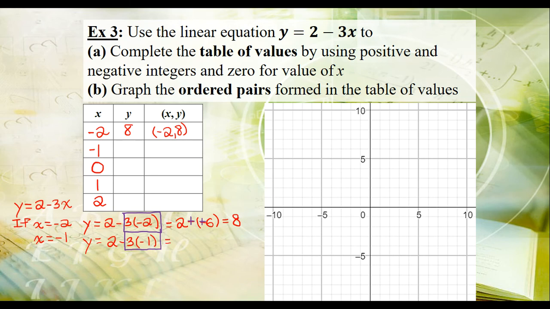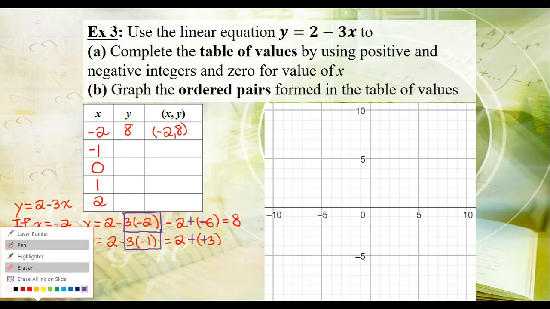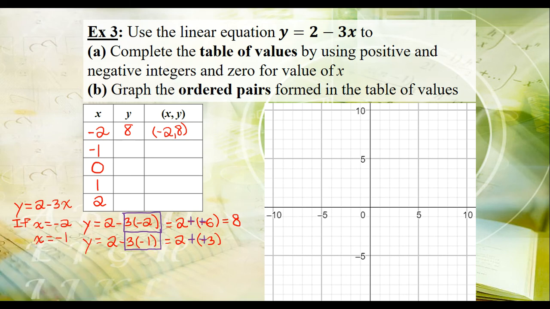Okay, so that would then be 2 subtract, okay, 3 times -1 would be -3. Then once again, when you subtract a negative integer, it's the same thing as adding a positive one. So we'll just correct those signs. And then I would get 2 plus 3 is going to be equal to 5. Okay, x equals 0.